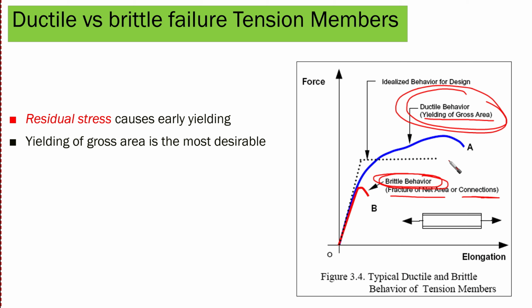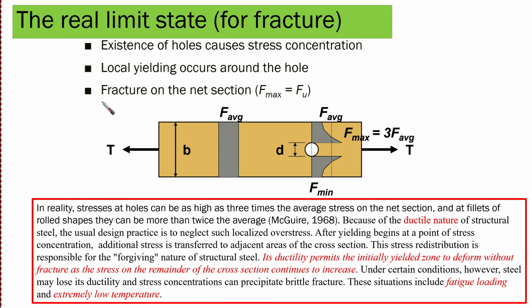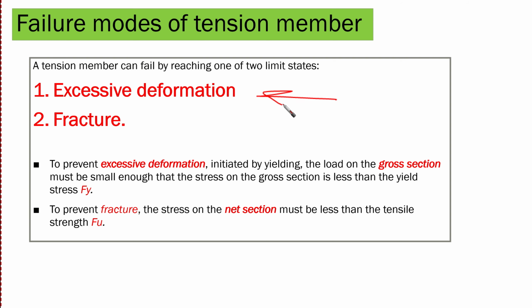So as a designer, we always like the ductile behavior. We do not like this brittle behavior. Strength is going to be limited, and also ductility is going to be limited. So we like to choose this limit state, excessive deformation limit state, not fracture.